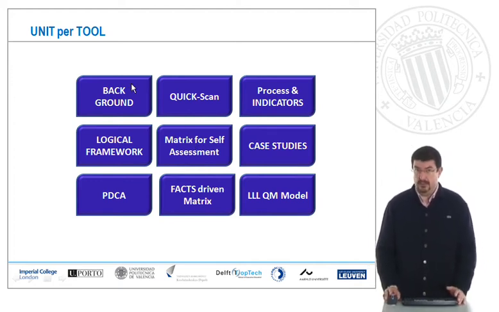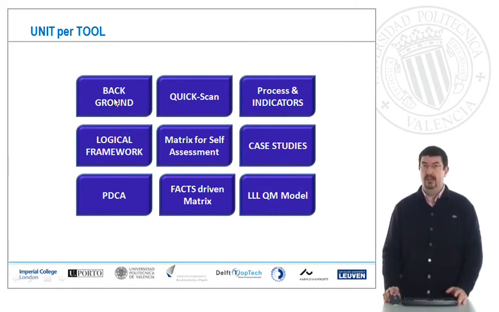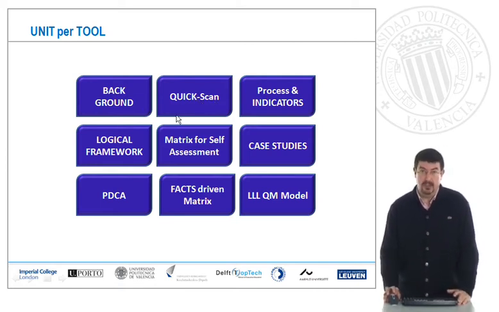This introduction is to explain the different units you are going to have produced with the polymedia. We are going to have a background unit to define what we have done in the project more in detail. You will see one of the tools, the quick scan. You will see the logical framework of the project. You will see the different matrices for self-assessment we have developed. You will see also guidelines for defining process and indicators, also case studies from the different partners.